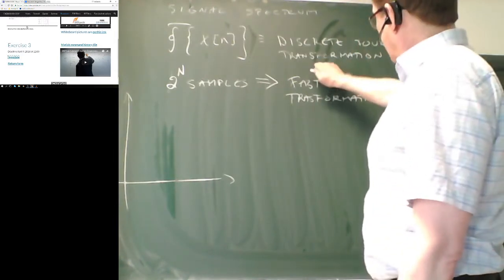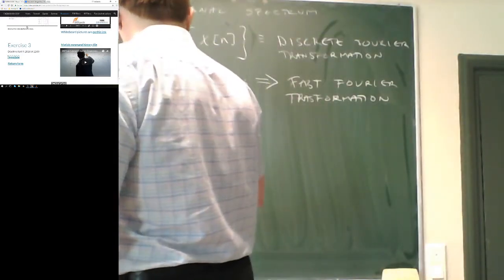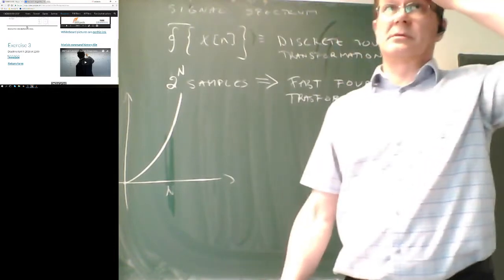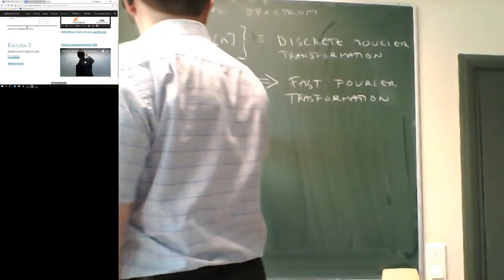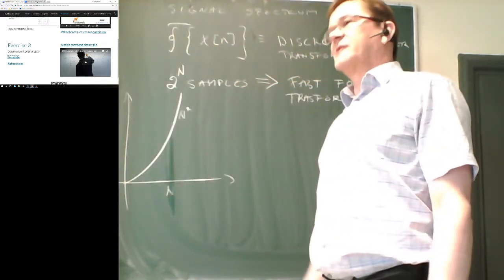The speed basically comes from the fact that when you're doing an ordinary discrete Fourier transform and start increasing n, it is basically a parabolic curve, so n squared calculations must be done.